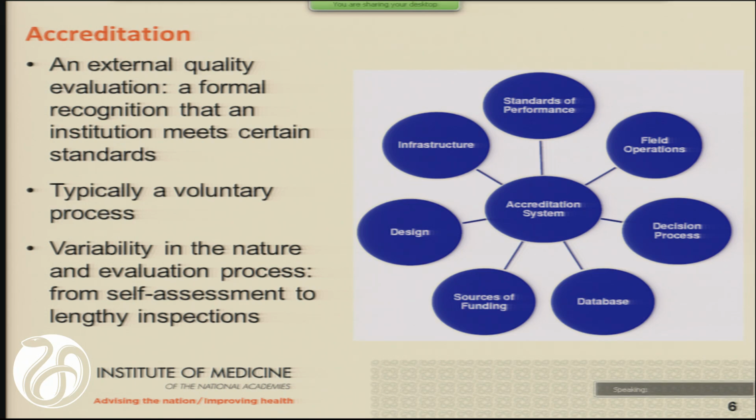And typically these take the form of an external quality evaluation against a benchmark or set standard. And at the end of this process, there's a formal recognition that an institution meets certain standards. These may be minimum standards, these may be aspirational standards. And this is typically a voluntary process. So the institution that undergoes accreditation voluntarily opts in to be accredited.